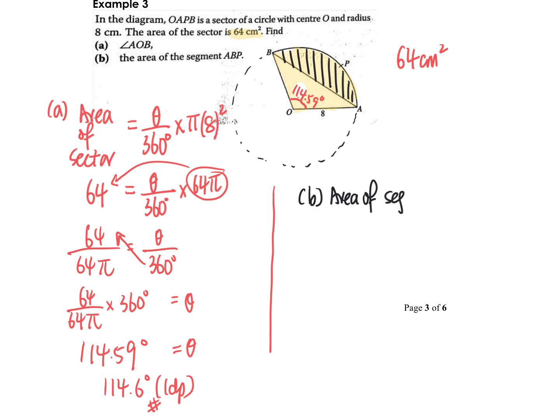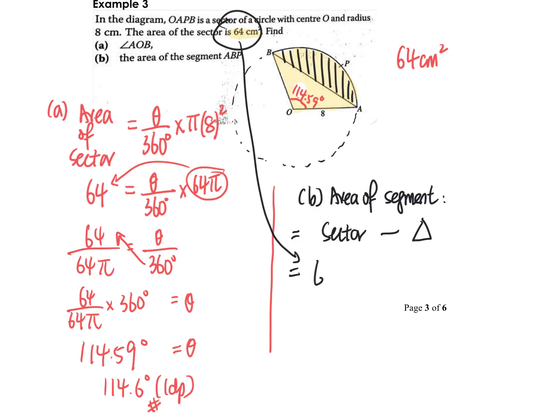What minus what? Sector minus triangle. What's the sector? No, sector, the whole slice, 64. What is the area of the triangle?